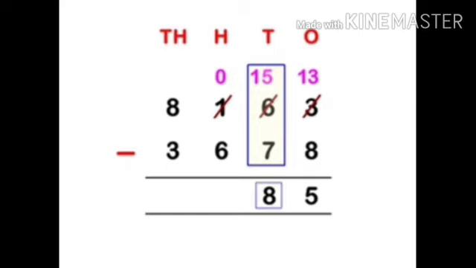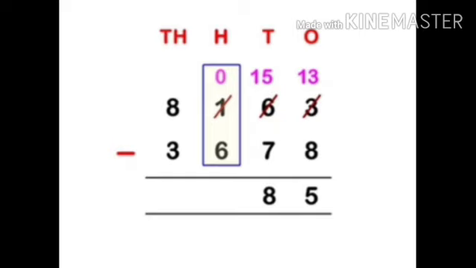Subtracting hundreds. 0 is less than 6. So from the thousands column, we borrow 1 thousand, leaving behind 7 thousands. 10 hundreds minus 6 hundreds is equal to 4 hundreds. So write 4 under the hundreds column.